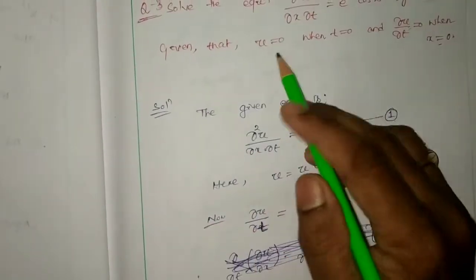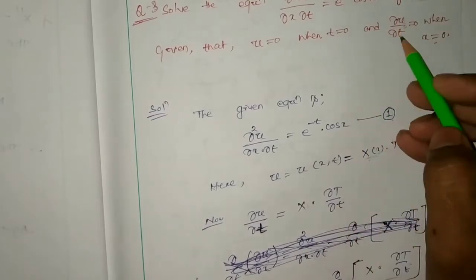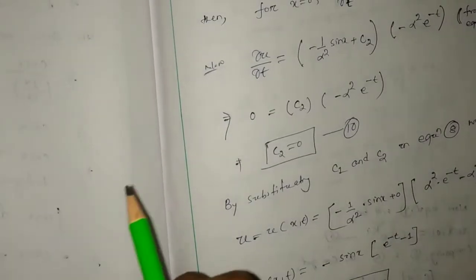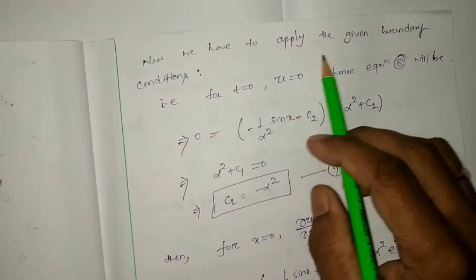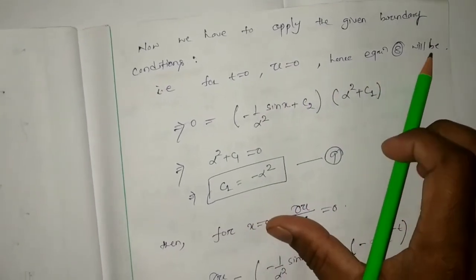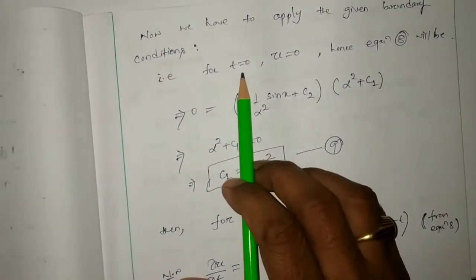We have the boundary conditions: u equals 0 at t equals 0, and ∂u/∂t equals 0 at x equals 0. Now we have to apply these two boundary conditions. Hence in equation number 8 we put t equal to 0, for which u equals 0.